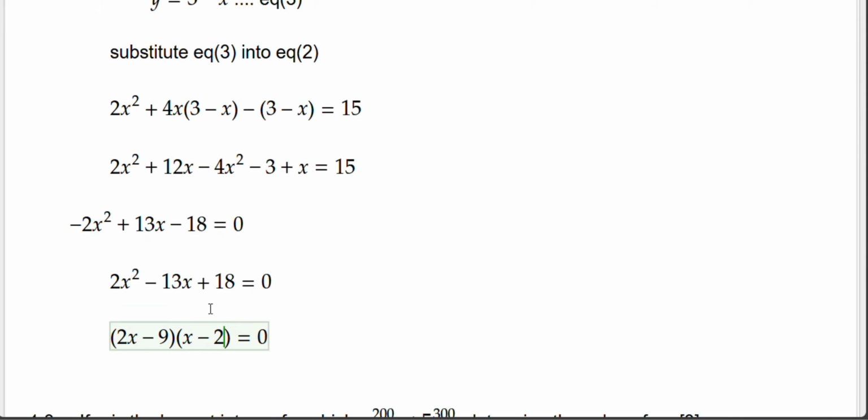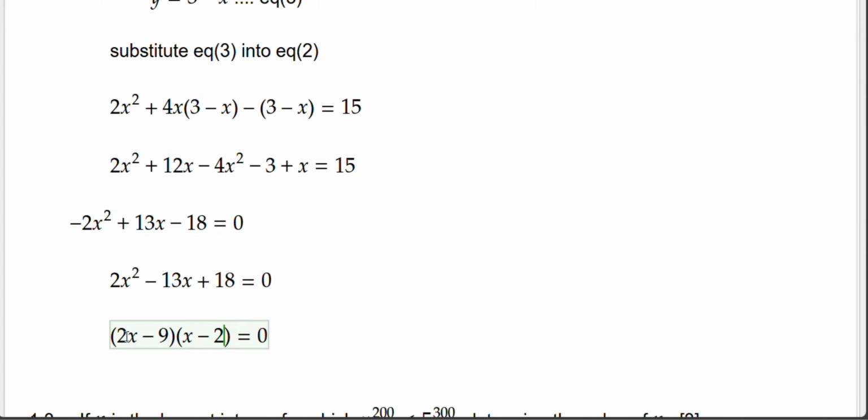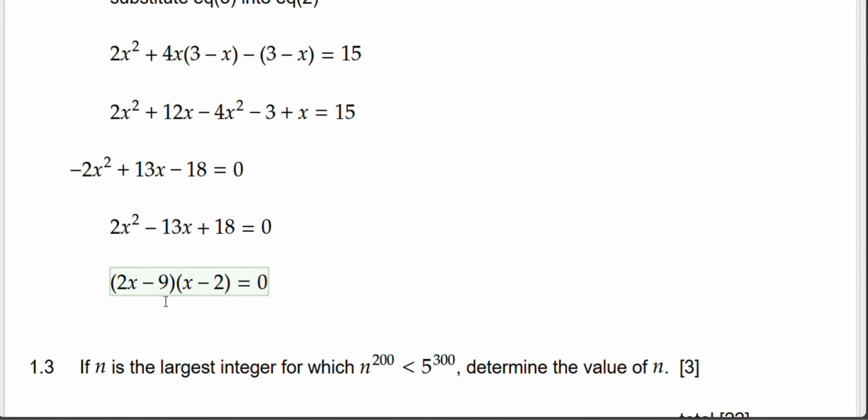So okay, let me check. 2x times x is going to be this one, and this one is going to be negative 4x, and negative 4x minus 9x is going to be negative 13x. So this and that, again, this is the correct equation.